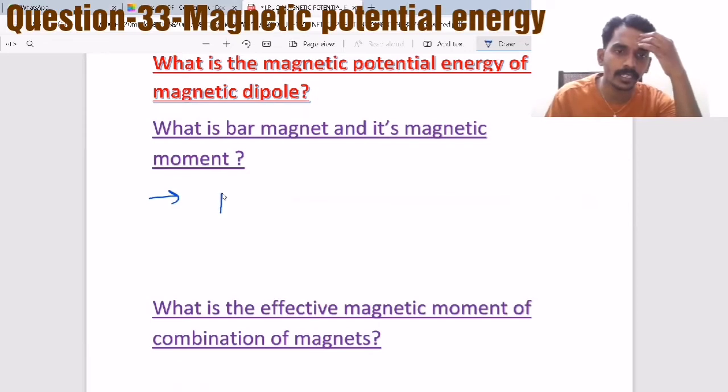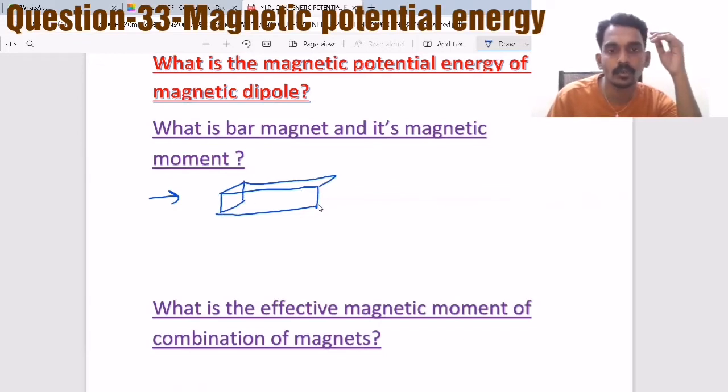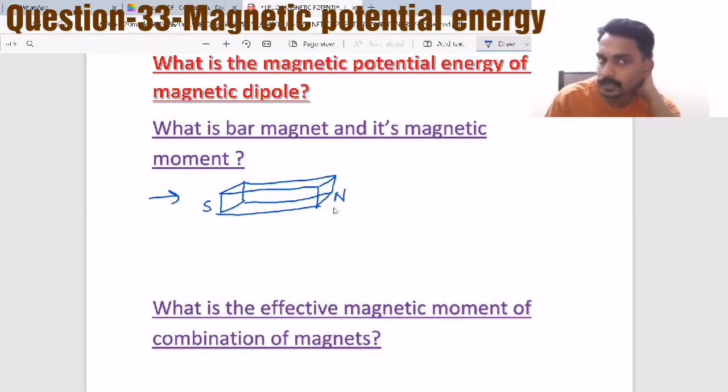So a bar magnet is nothing but a magnetic material in the cuboid shape with two ends, a south pole and a north pole, with a separation, let's take 2L.